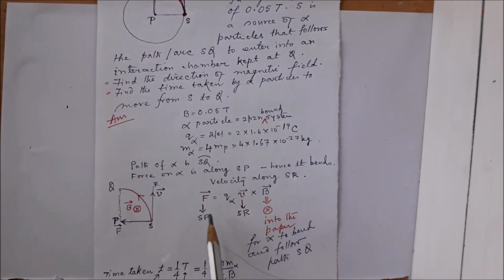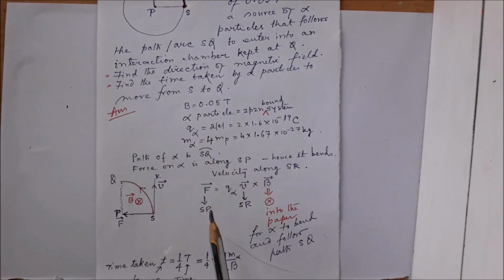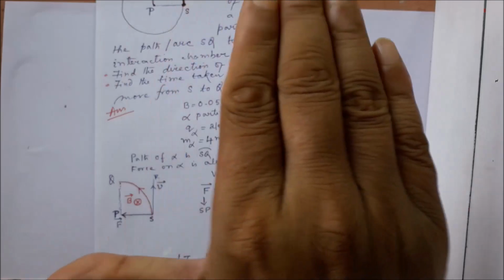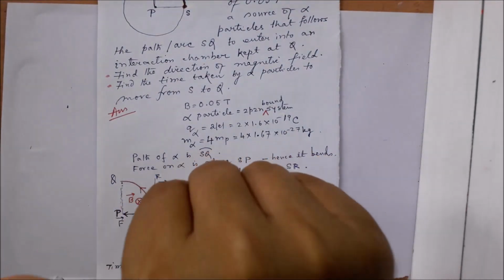This is the Lorentz force. F is acting along SP, and V is along the tangent, that is SR. So the task is to find what is B. In other words, V cross B gives F, and V is this, and F is along the thumb, so B must be downwards.